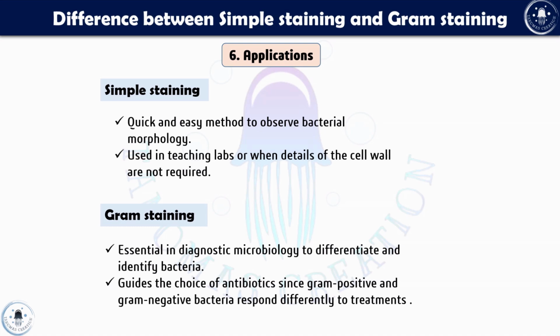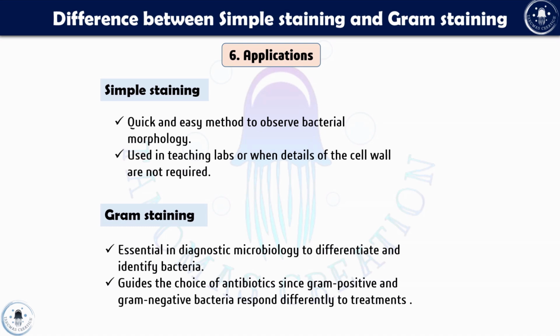Now, it is also used in pharmaceutical companies. It is very useful for creating antibiotics, since gram positive and gram negative bacteria respond differently to treatments. So to understand the working mechanism of gram positive and gram negative bacteria, and to prepare their specific antibiotics, we need to understand their cell structure.